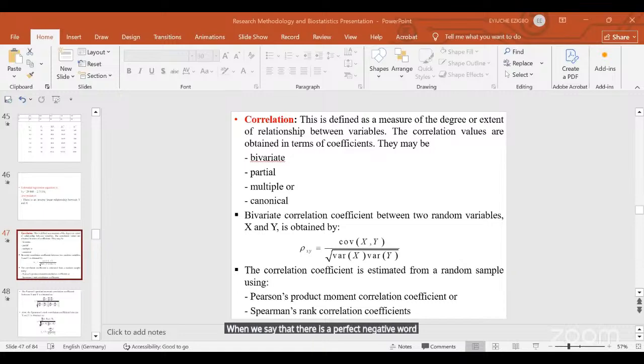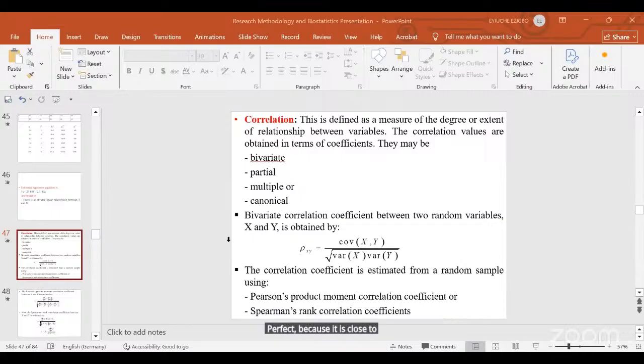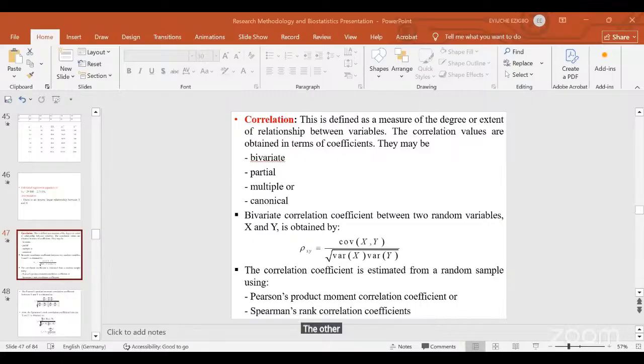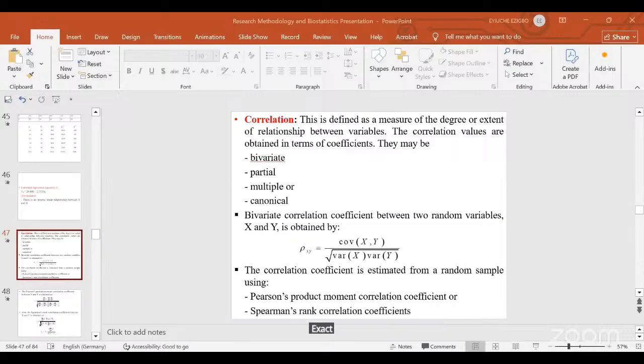Relationship between the variables. Perfect, because it is close to 1, but it is minus, therefore it is what? Negative, which means as one variable is increasing, the other one is perfectly what? Decreasing. So there is a perfect negative relationship between the variables. Is that clear?